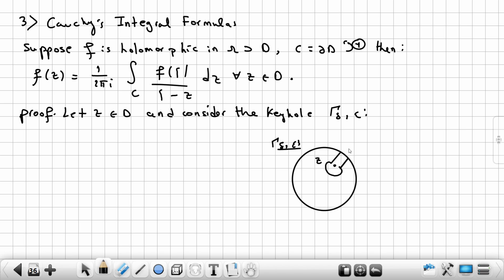where delta here is the width of the corridor and epsilon is the radius of the circle around z, call it C epsilon, in negative direction.